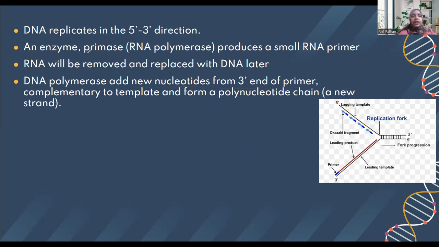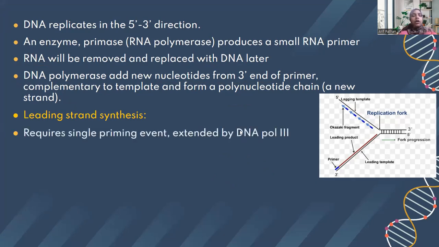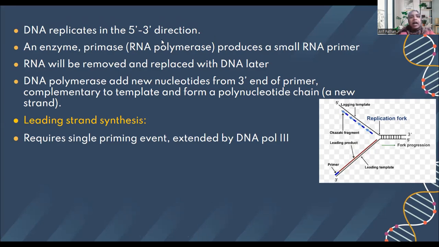Okay, fine. Then leading strand, as I told you, only one primer will be attached and a whole stretch of DNA will be made. This DNA will be made by which enzyme? DNA polymerase. You can remember DNA polymerase 3 as the name. Okay.